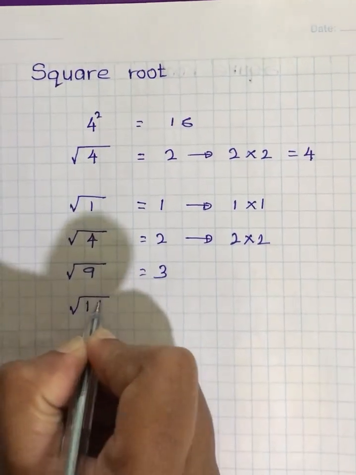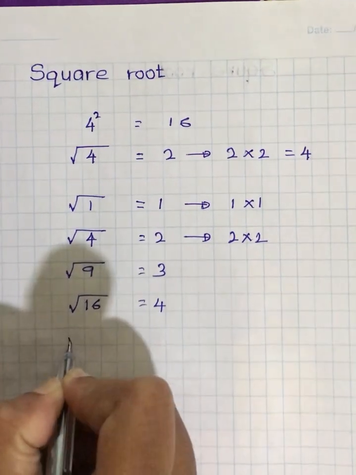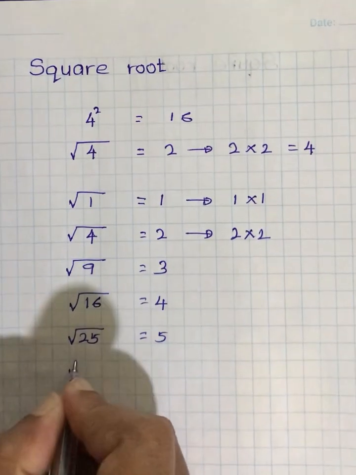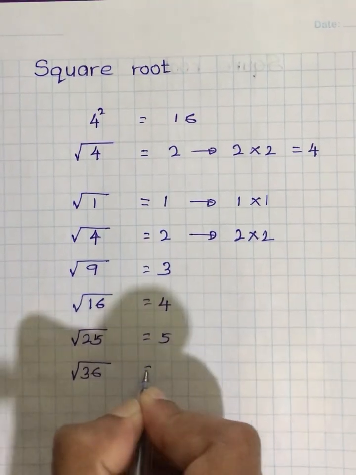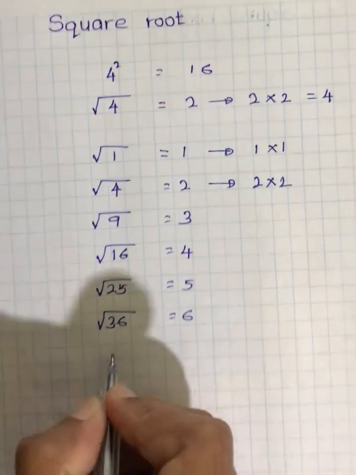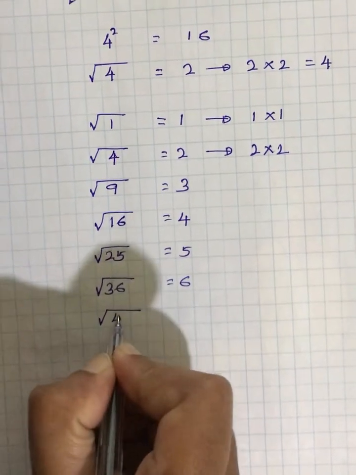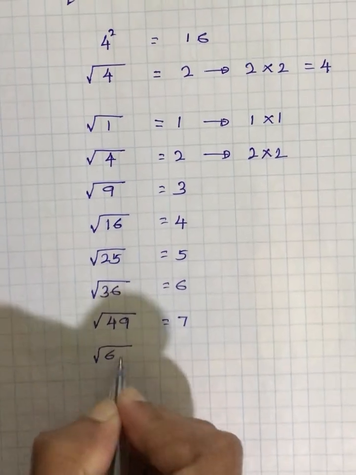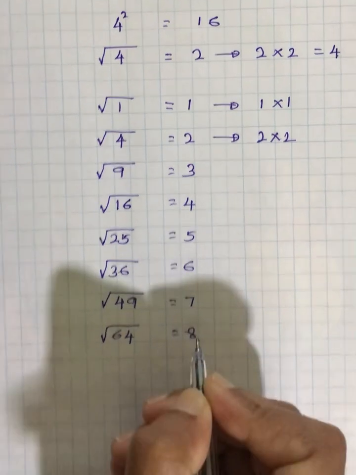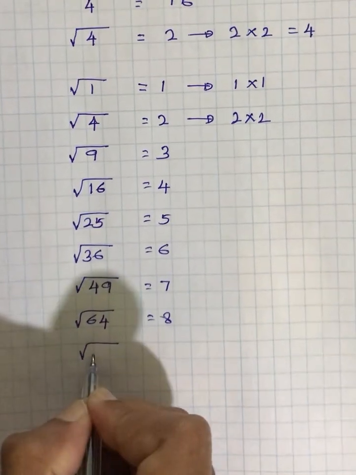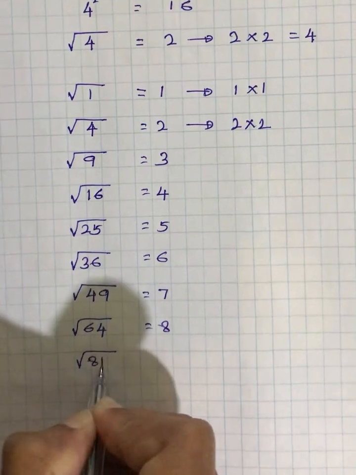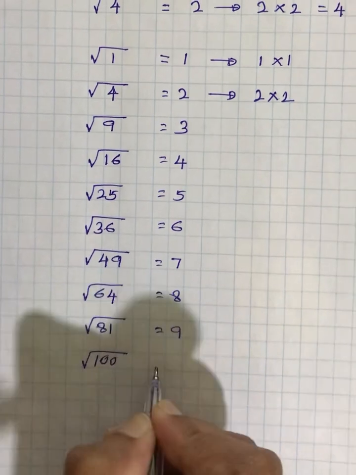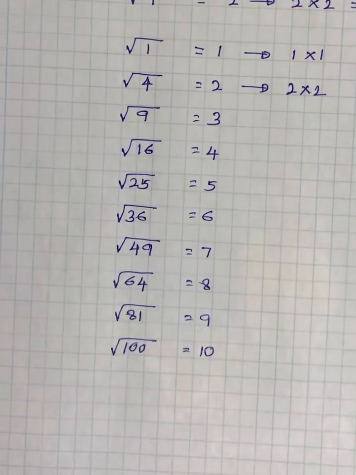And the square root of 16 is 4, the square root of 25 is 5, the square root of 36 is 6, the square root of 49 is 7, the square root of 64 is 8, the square root of 81 is 9, and the square root of 100 is 10.